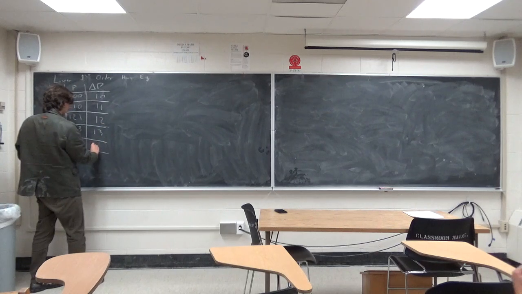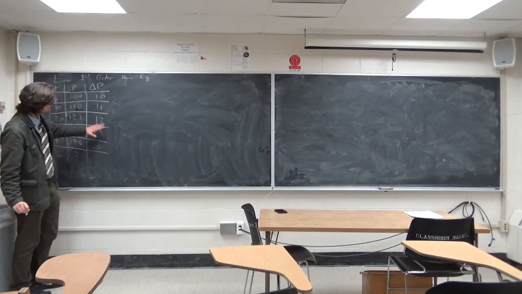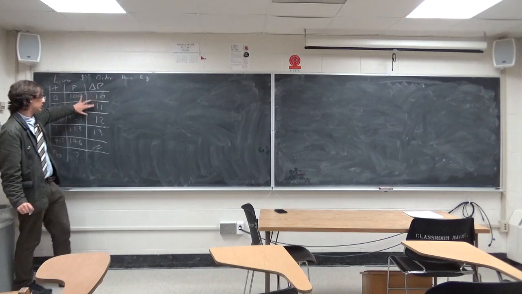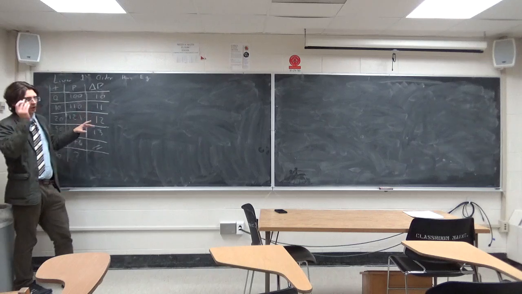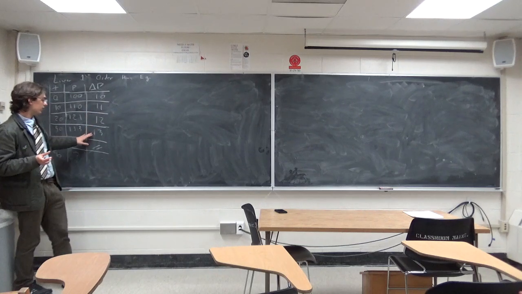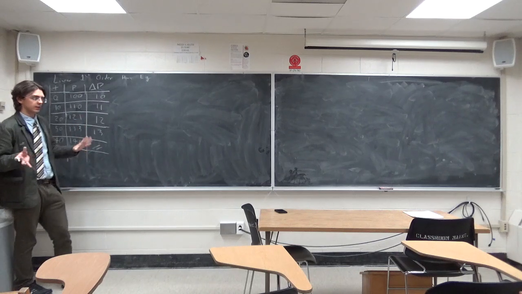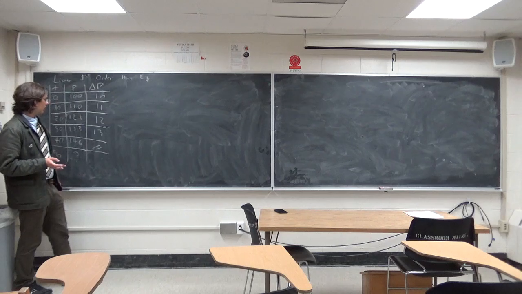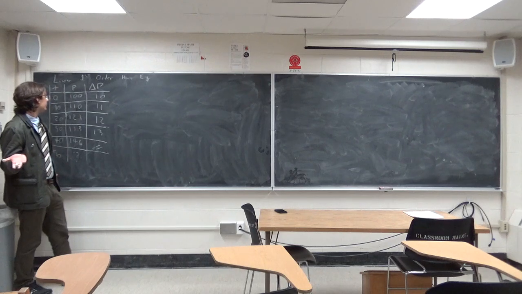I see a couple of things here. This is increasing, and it's increasing at a fixed rate. But if I kept doing this, it would eventually skip a number, like going from 16 straight to 18. So what's a way to describe it?